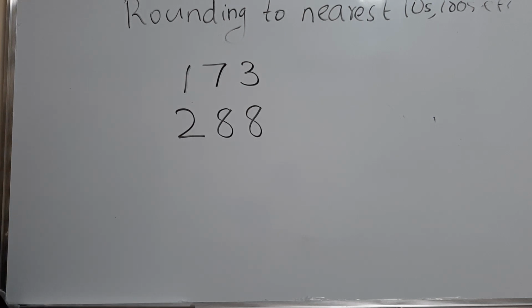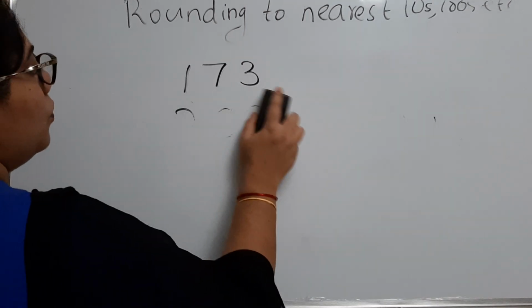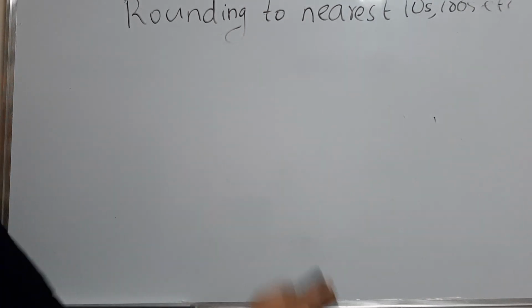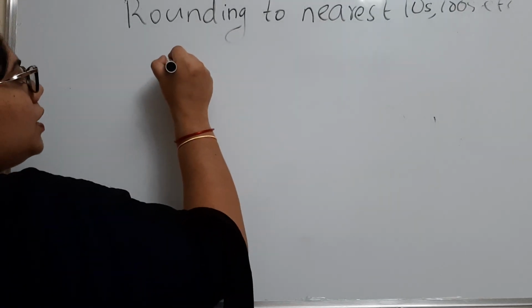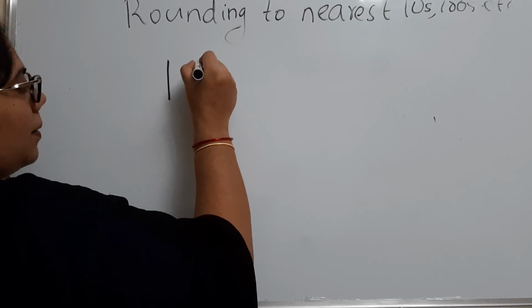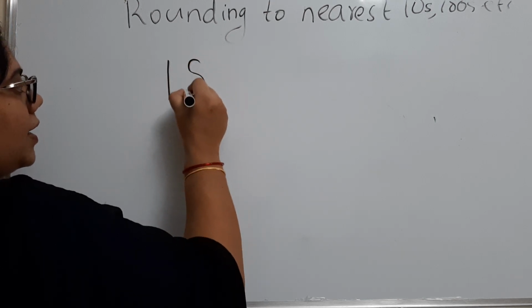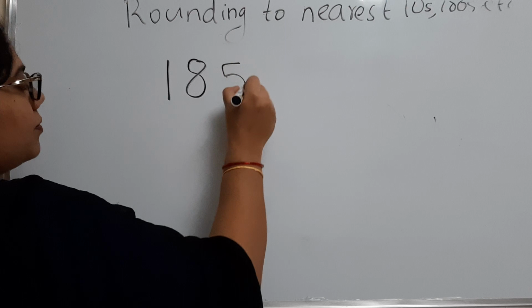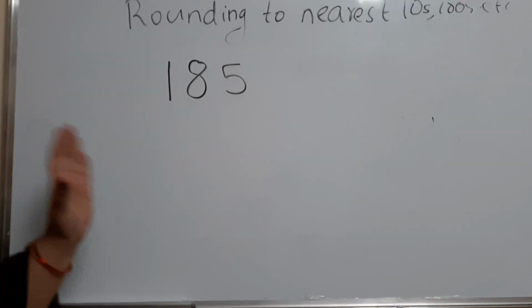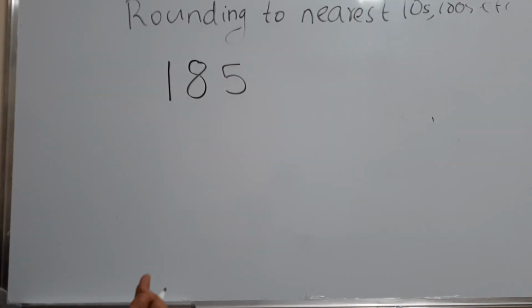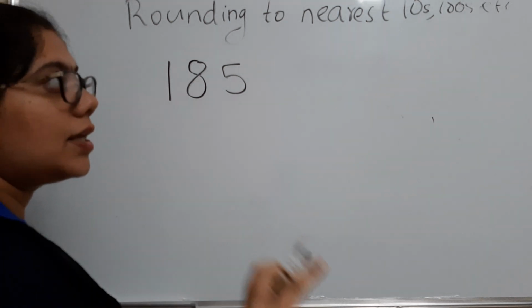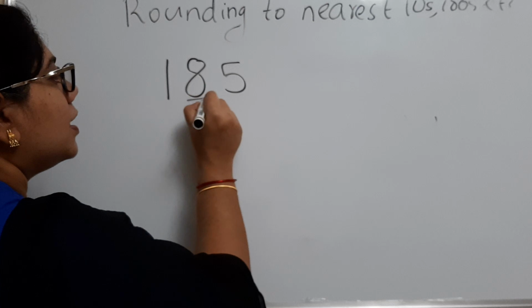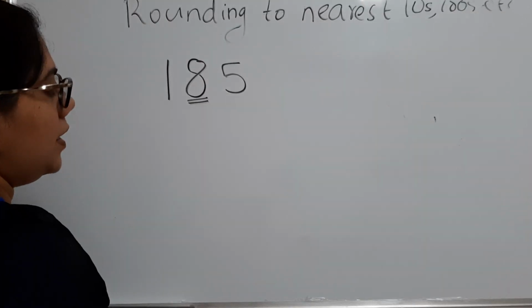Okay. Now we are moving to rounding to the nearest hundreds. See, the number is 185. How will you round to the nearest 100? Here, to round to the nearest 100, you want to check the tens place.